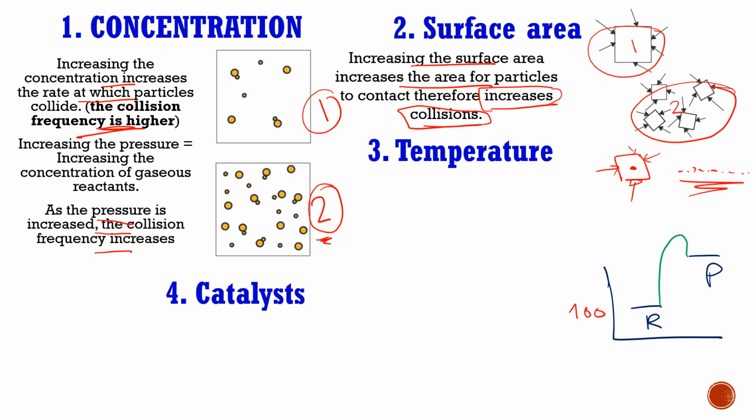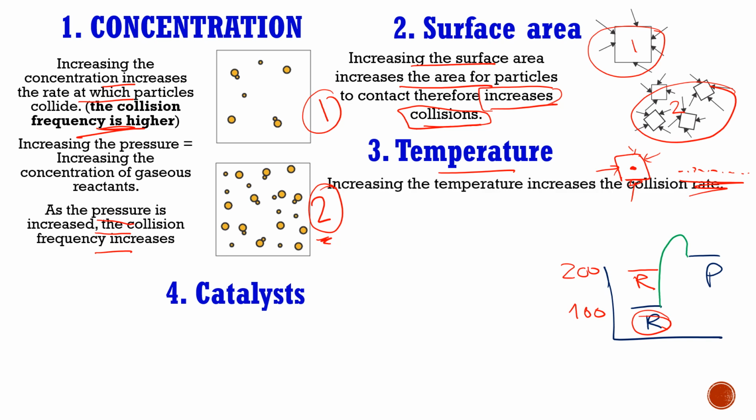What if you supplied heat, increased the temperature for the reaction? Instead of starting from 100, you would start from 200. So let's say that this is condition number one, condition number two. So you already supplied an amount of energy that is needed to start the chemical reaction.